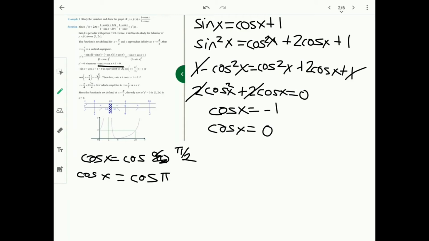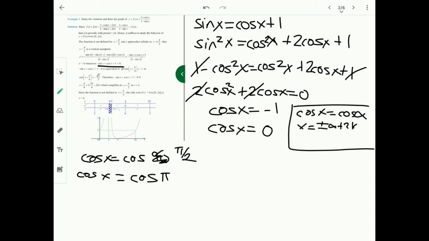Now we should remember, if cosine x equals cosine alpha, for example, x is equal to plus or minus alpha plus 2k pi, right?